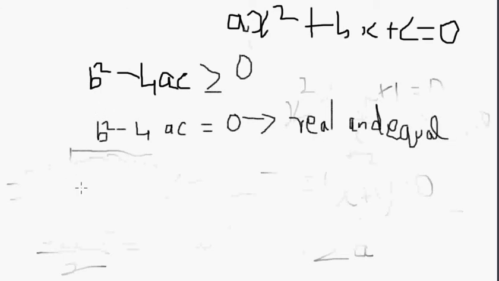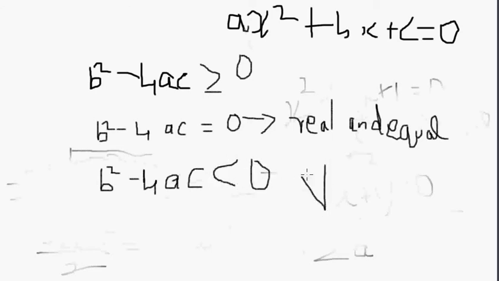Now there is a very interesting case: if this is less than 0, then it's a bit confusing, because the square root of b squared minus 4ac would be meaningless.